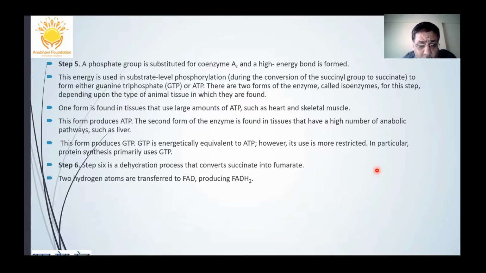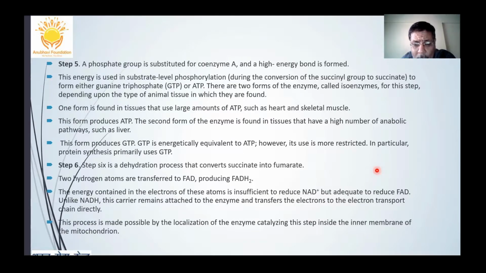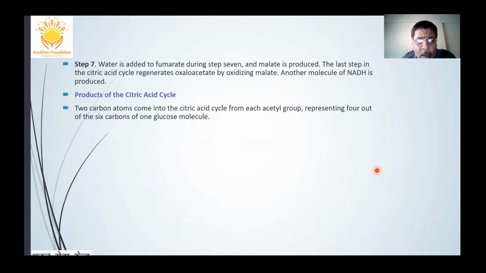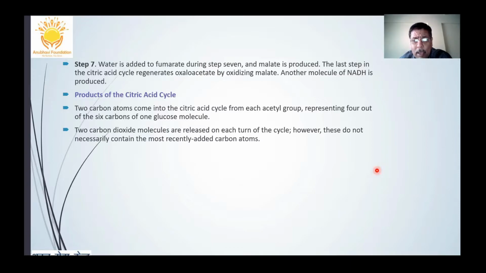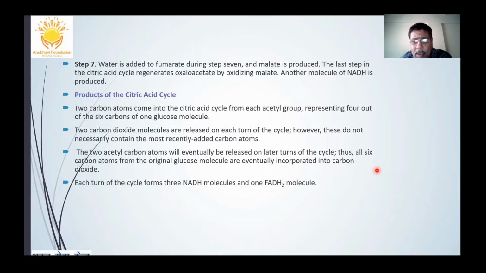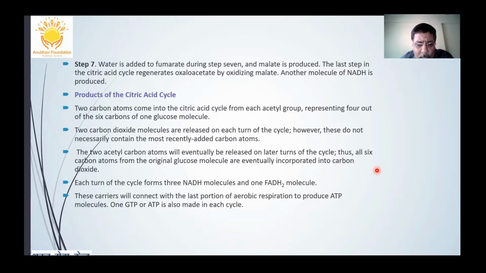It is called a cycle because the byproduct, oxaloacetic acid, is regenerated, which will combine with the next molecule of acetyl coenzyme A to form citrate. Thus it goes on, and therefore it is called the citric acid cycle or the Krebs cycle.